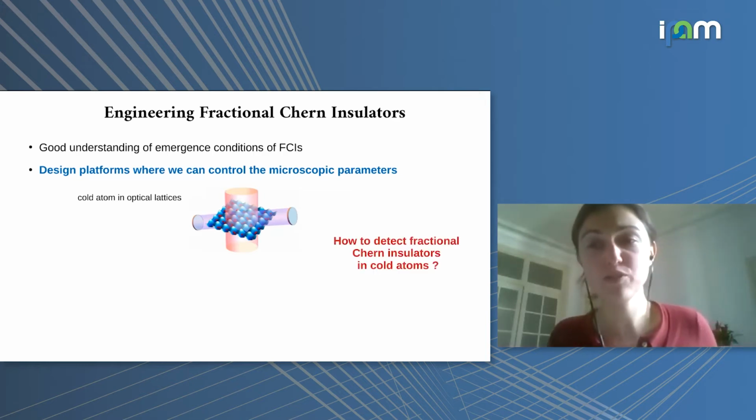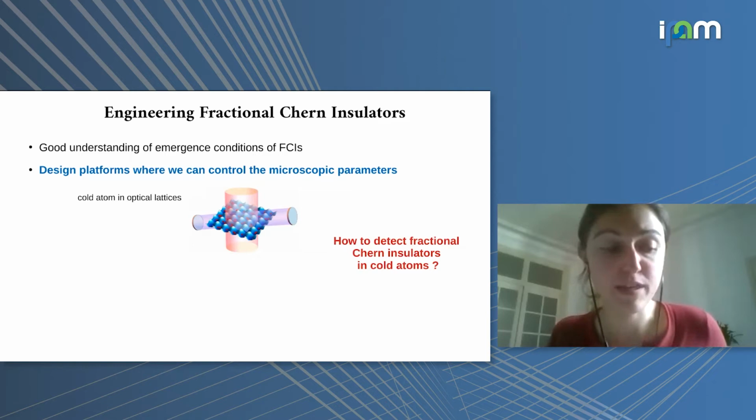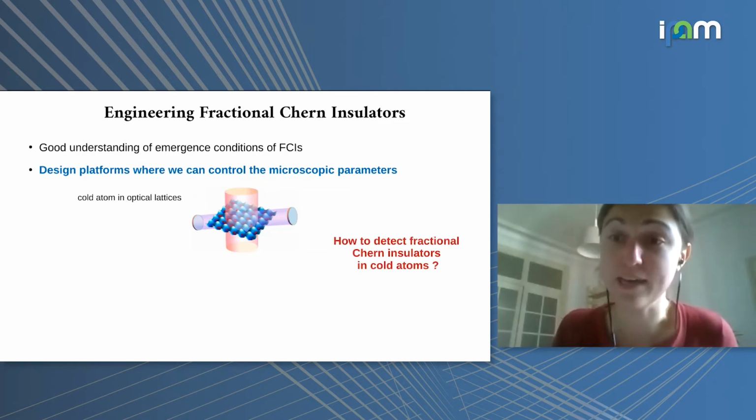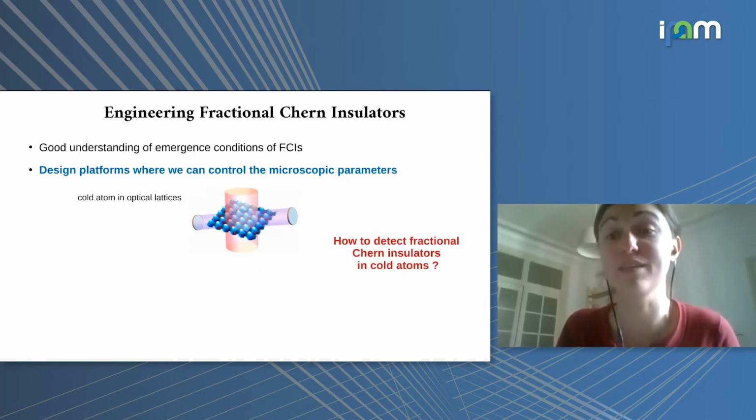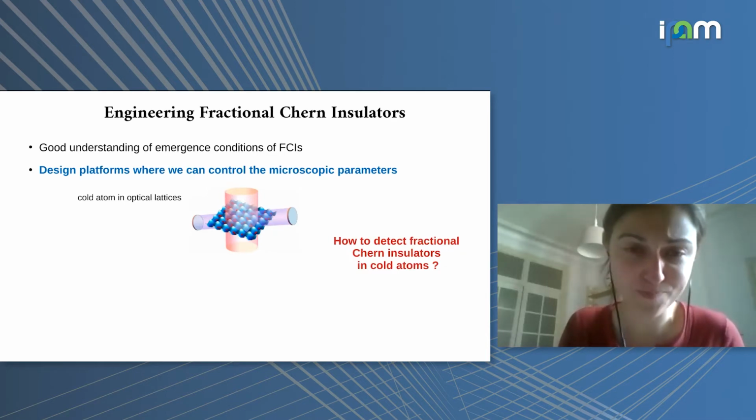So my question here is, if experimentalists manage to do that, how are we going to be able to tell that they reached their goal? How are they going to detect these fractional Chern insulators in cold atoms?